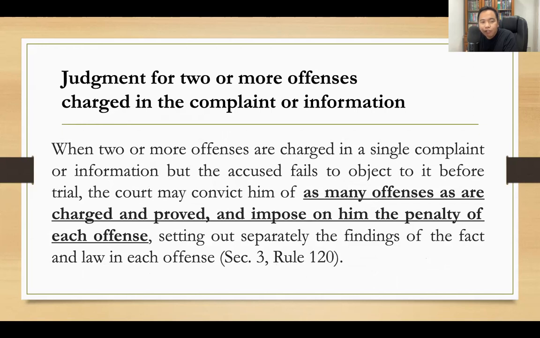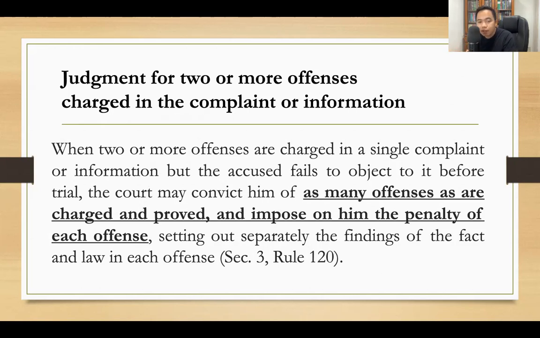Now, what if there are two or more offenses charged in the information and the accused got convicted? Now, as a rule, class, if there is an information, there should be one crime for every information. But it happens, class, sometimes that due to some lapse, several crimes or offenses were contained in a single information.